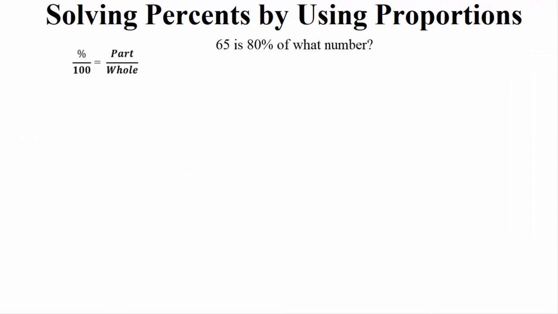Okay, so our last example says this. 65 is 80% of what number? So let's start with the left-hand side of our proportion. Let's fill in that percent over 100. The percent that I see here is 80. So we would put 80 over 100 is equal to our part over our whole.